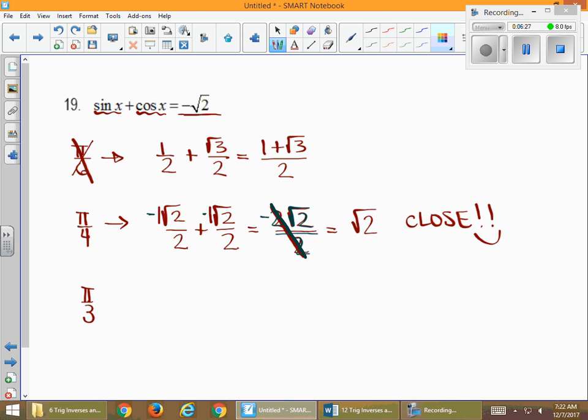And then my 2's would cancel, but my negative would stay. So now we have to think, which quadrant am I looking for where sine and cosine are both negative? And everything's positive in 1, sine's positive in 2, cosine's positive in 4. So we're looking for the angle, the pi over 4 angle in quadrant 3, where sine and cosine are both radical 2 over 2 and both negative, and that angle value is 5 pi over 4.